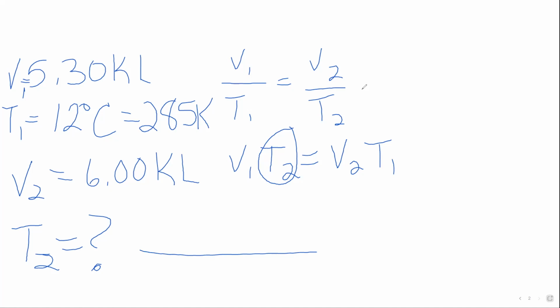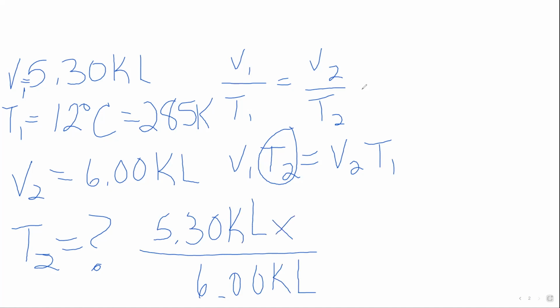V1 on the bottom, right? So V1 is 6 kiloliters, 6 point. This period doesn't want to appear here. In the top, it's just going to be the two that are up there. So 5.3 kiloliters, not 530, but 5.3 times your Kelvin, right?